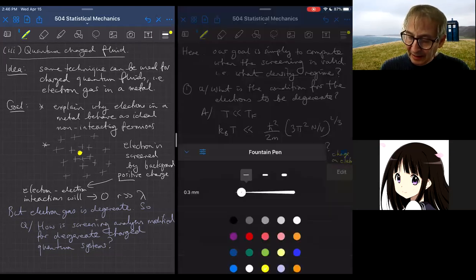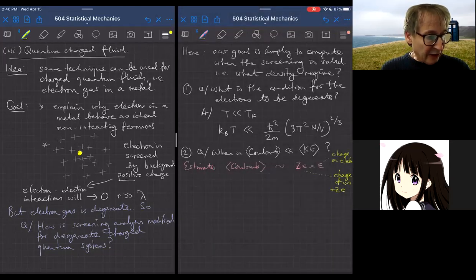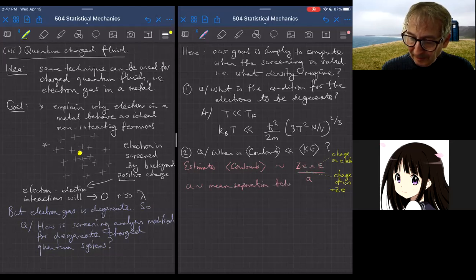Okay, and then what do we have? It's going to be Ze². So this thing divided by a, where a is something like the mean separation between an electron and an ion, a positive ion.